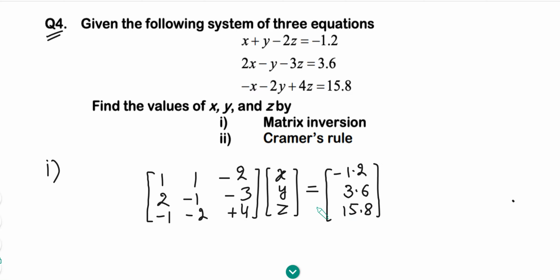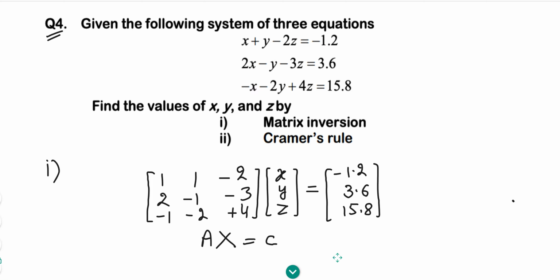So we can write this matrix equation as: the matrix of coefficients is A, the variables is x, and that is equal to C.